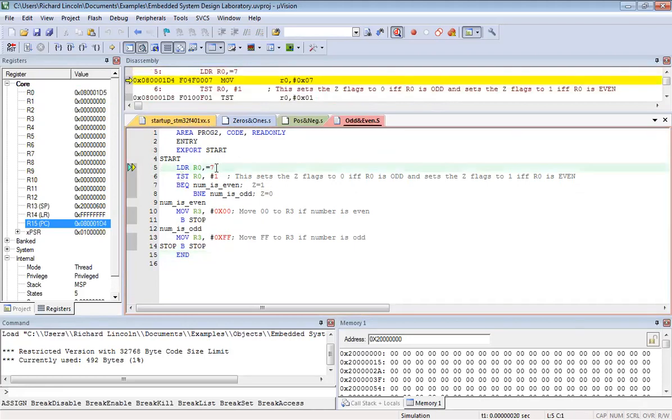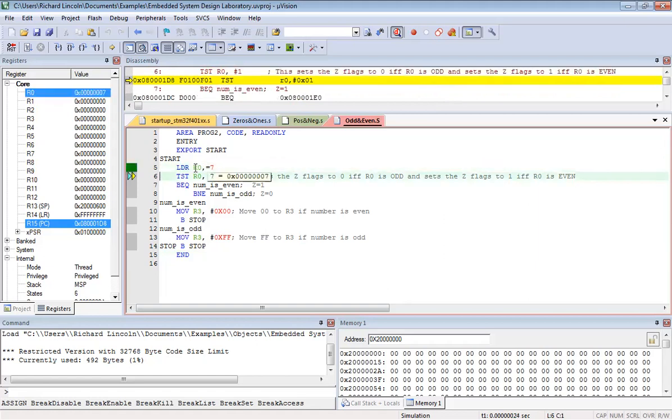We are loading the value, example 7, and 7 is getting into R0 here. You can see that.